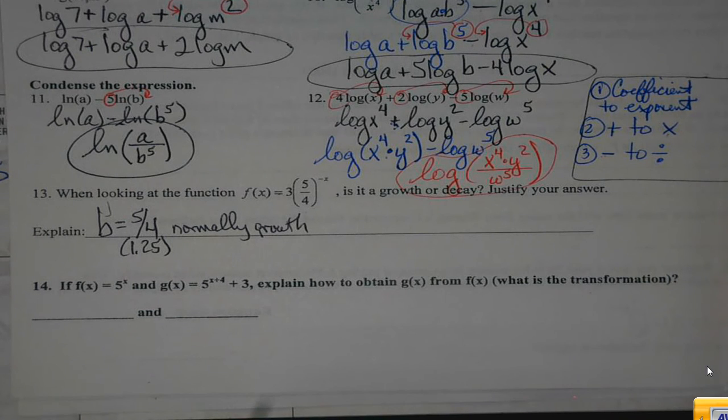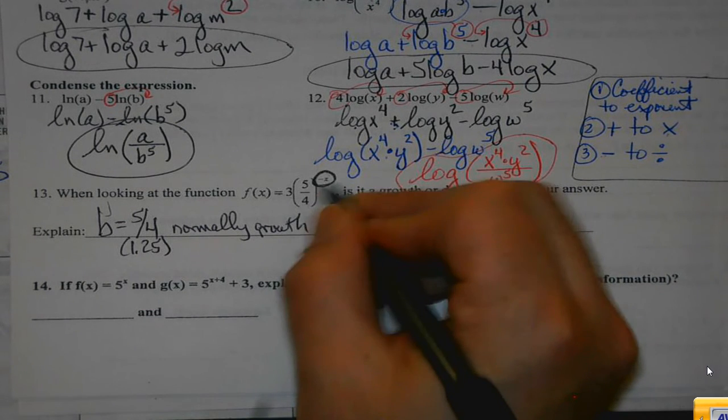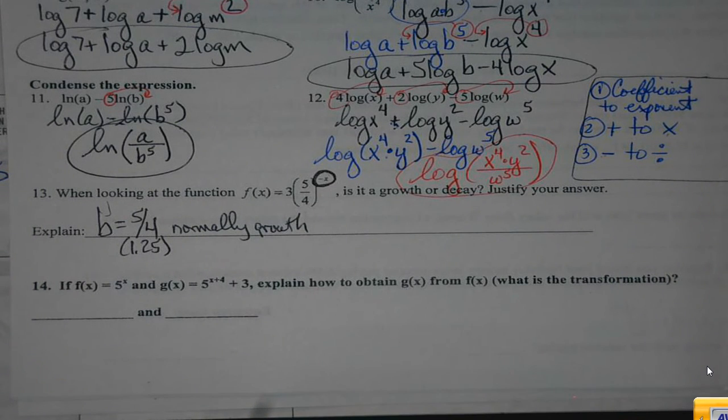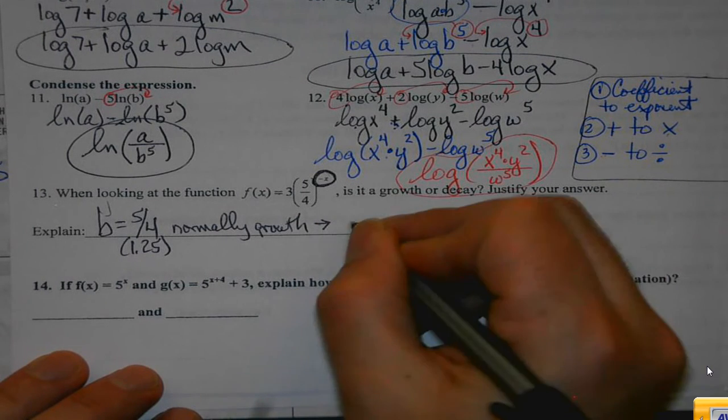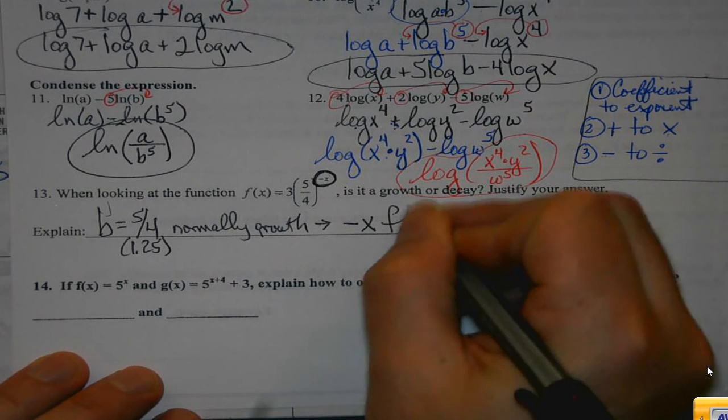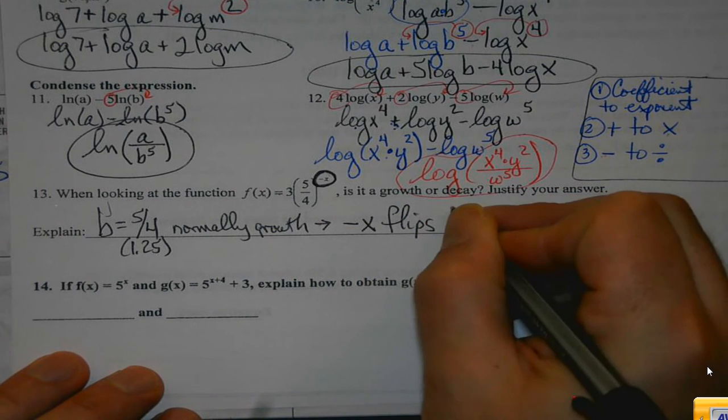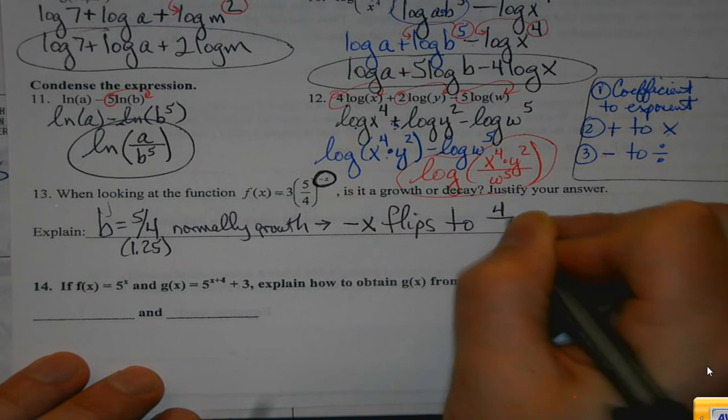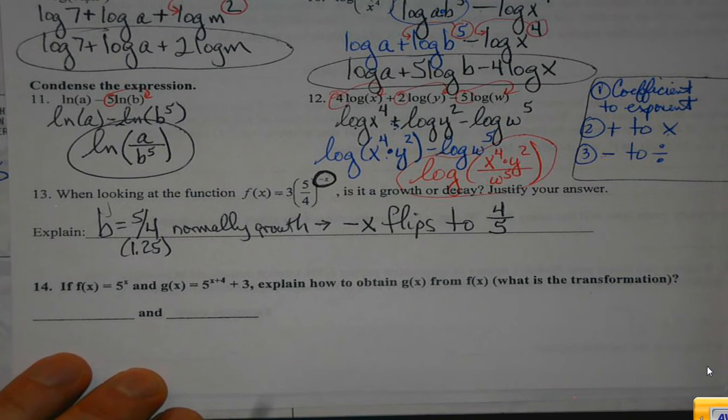But what does the negative exponent do? Right, okay? But negative x flips it to 4 over 5.